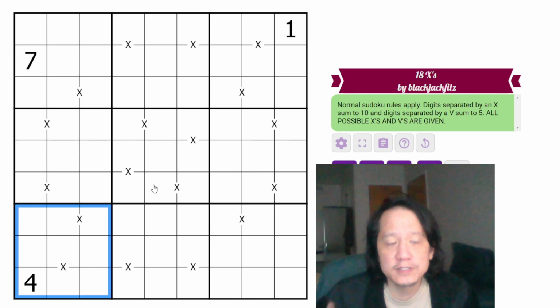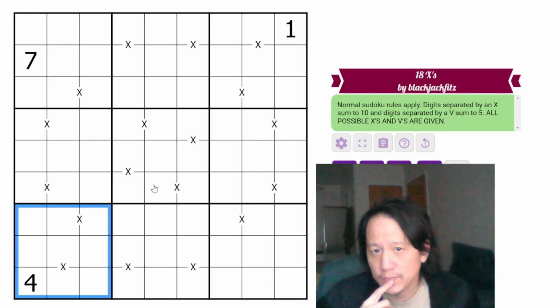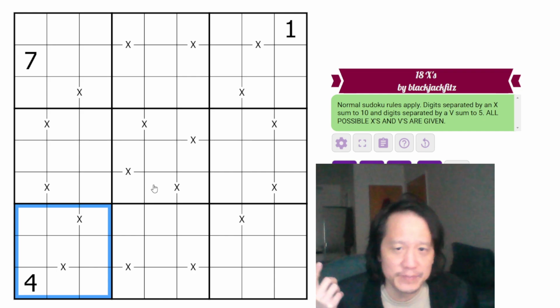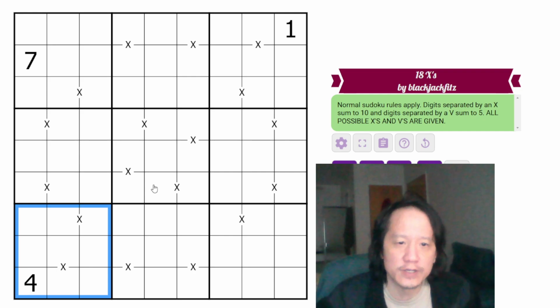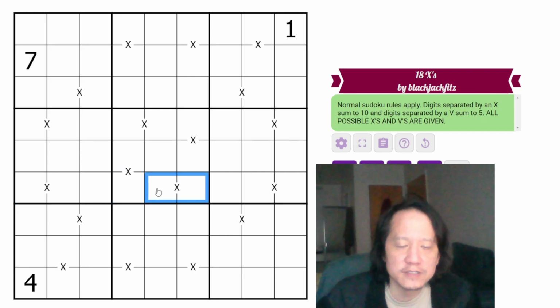This specific rule set is called a negative constraint, which means we know that all X's that are possible and all V's that are possible are given.